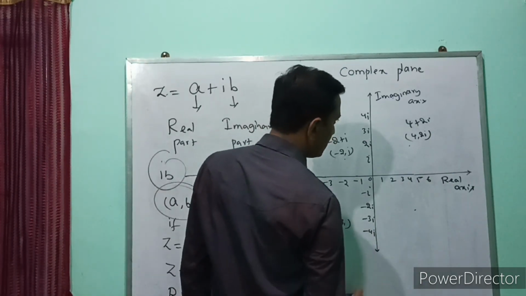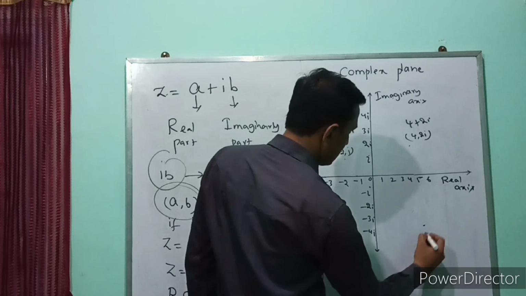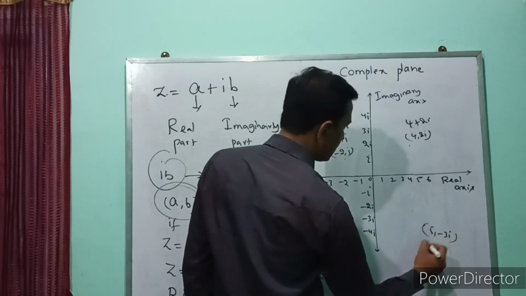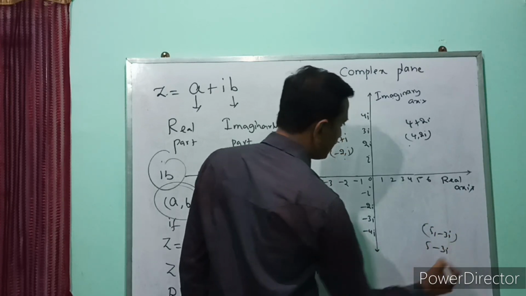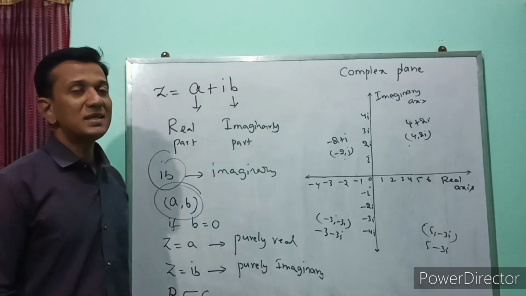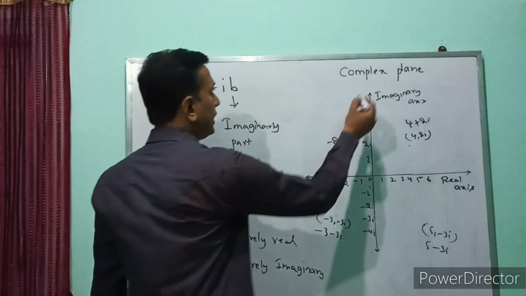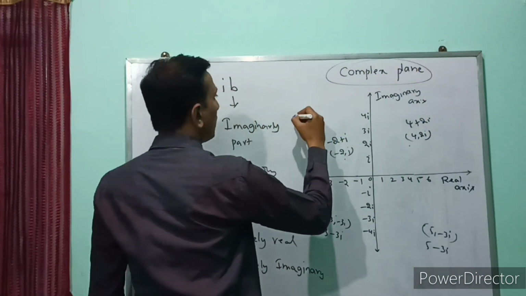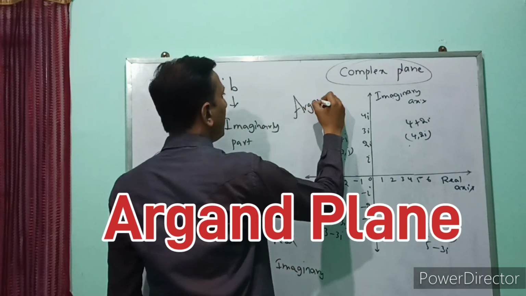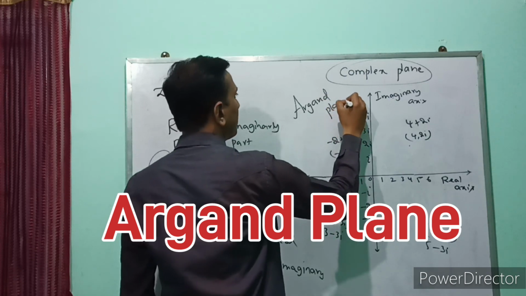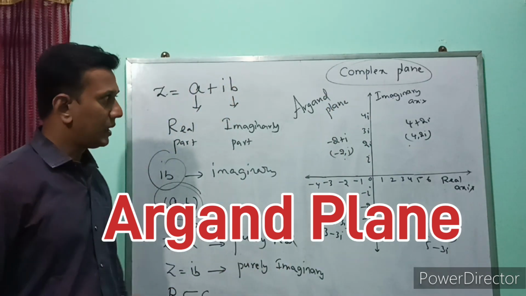If I represent 5 comma minus 3i, this is nothing but 5 minus 3i. So this is the representation of complex numbers on a complex plane. This complex plane is also called the Argand plane.